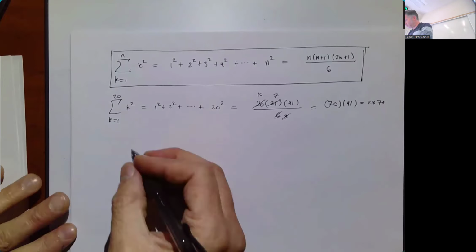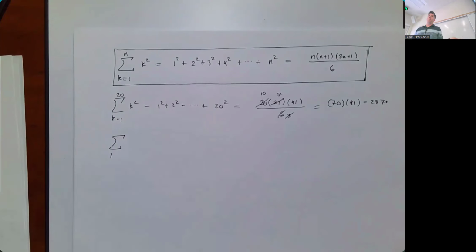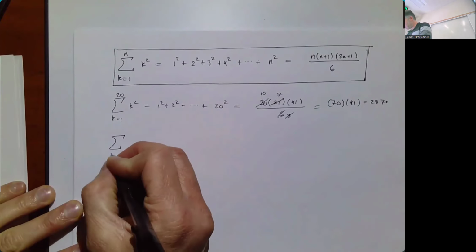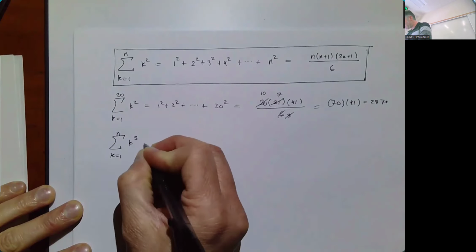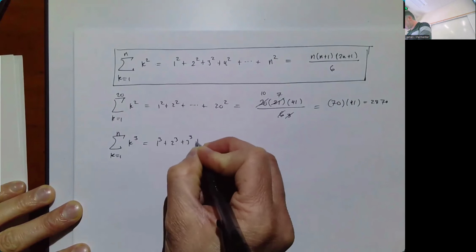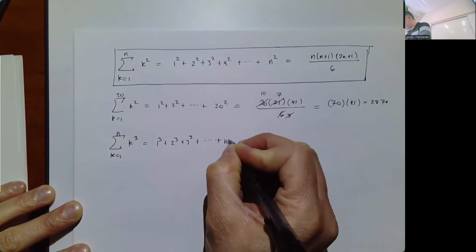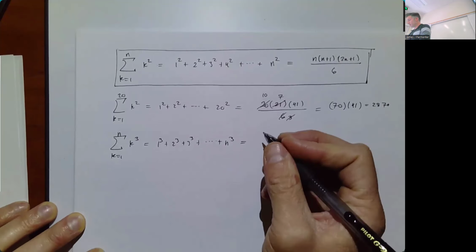The other formula, and technically you can find formulas for any power of k, but we usually limit ourselves to k to the first, k to the second, k to the third. The sum from k equals 1 to n of k cubed, which is 1 cubed plus 2 cubed plus 3 cubed plus all the way to n cubed. I think this formula is super cool.